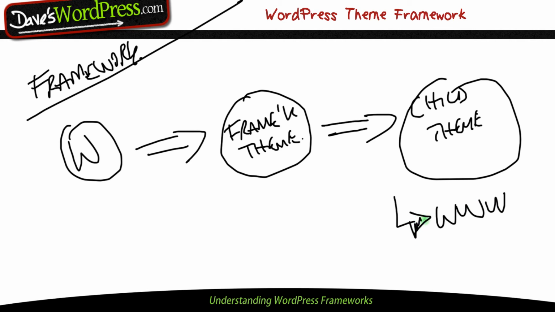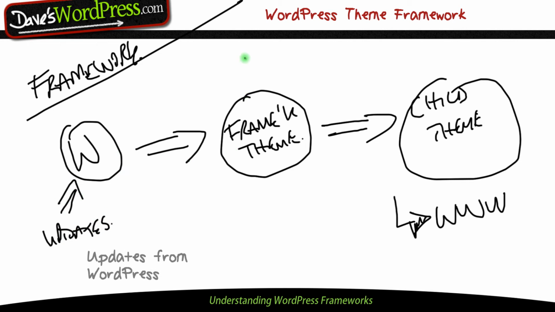What everyone sees. So now what happens is when WordPress gets any updates, Genesis, who make this framework, will make sure that they are looking at what updates are coming in the pipeline from WordPress.